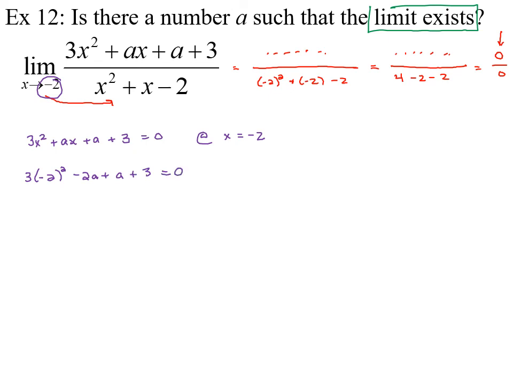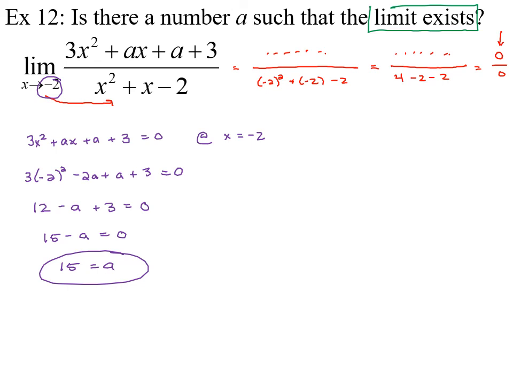Negative 2 times negative 2 is 4. 4 times 3 is 12. Negative 2a plus a is minus a, plus 3 equals 0. 12 plus 3 is 15, minus a is 0. And there you go. Add the a over, and 15 has to be the value of a.